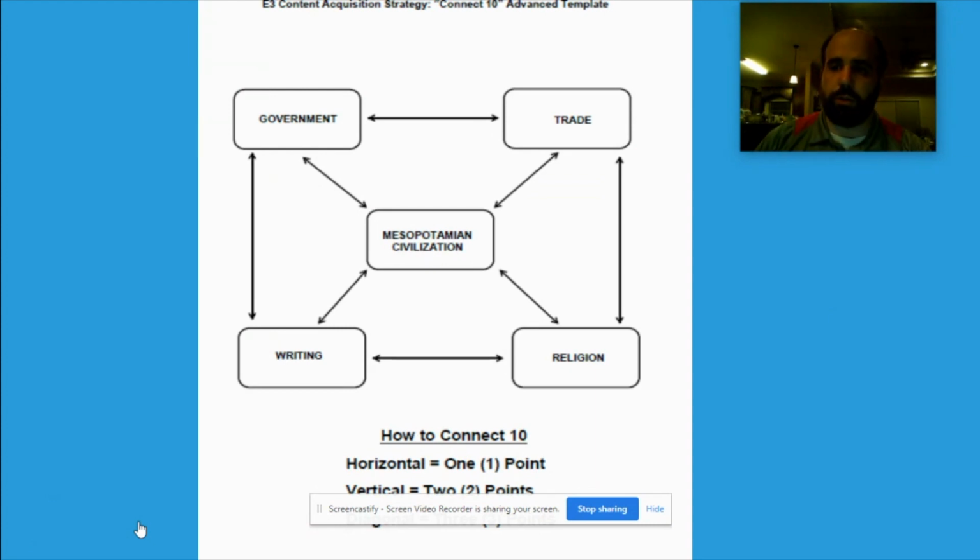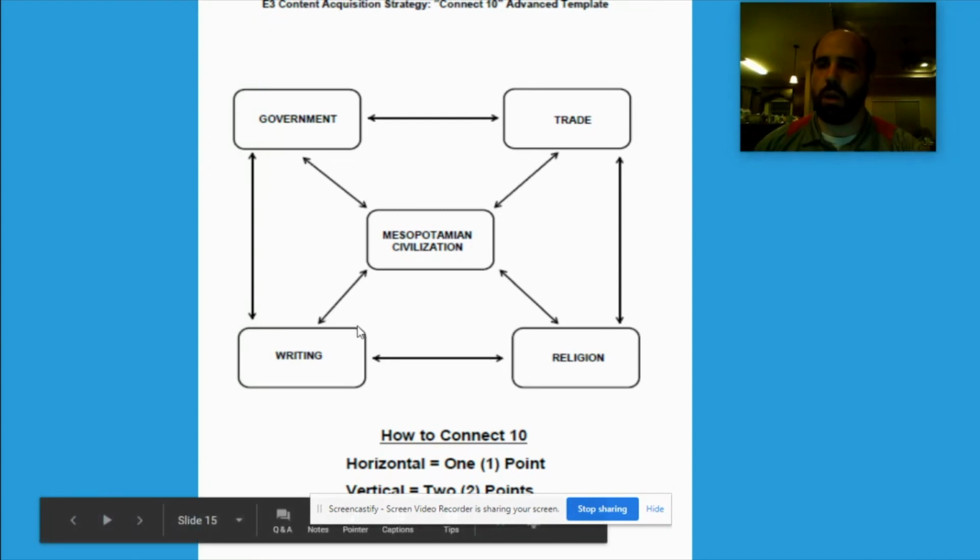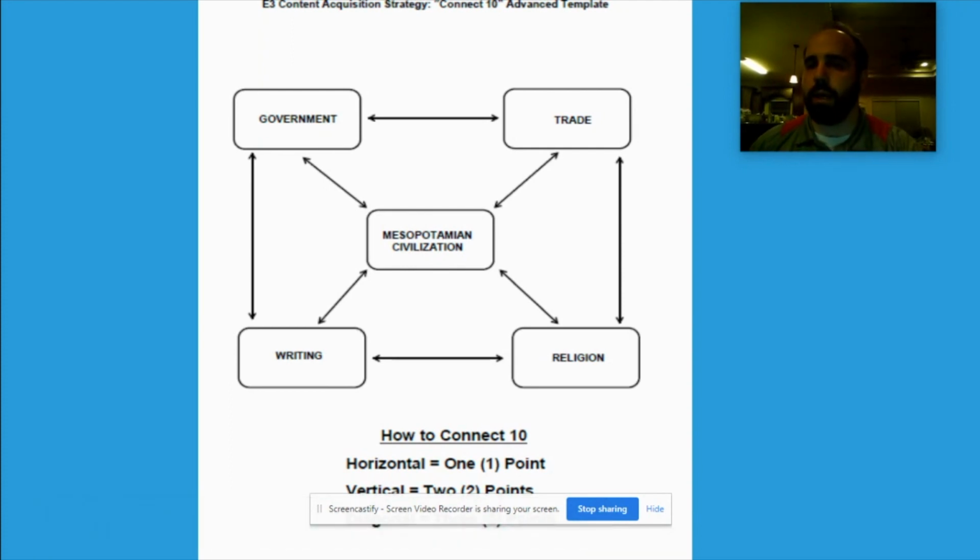Now, not to confuse you, what I showed you was, if you want to say, the basic form of the strategy, but we added an advanced model.